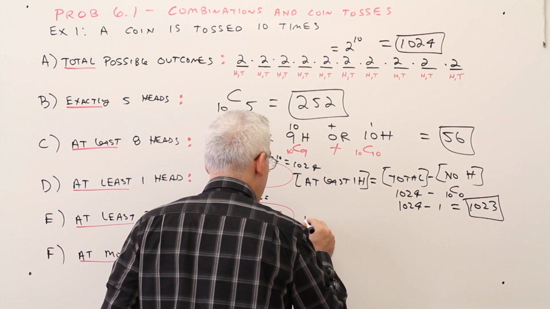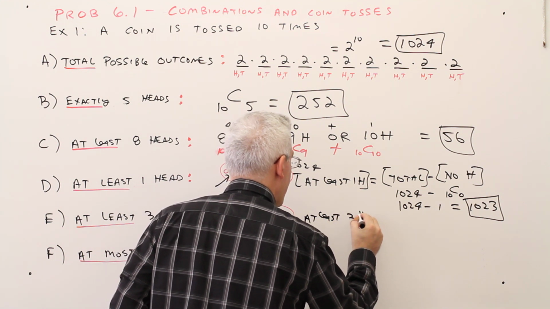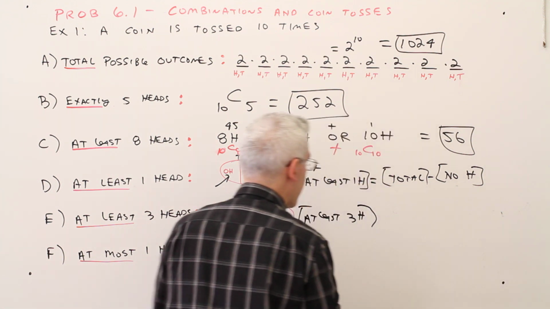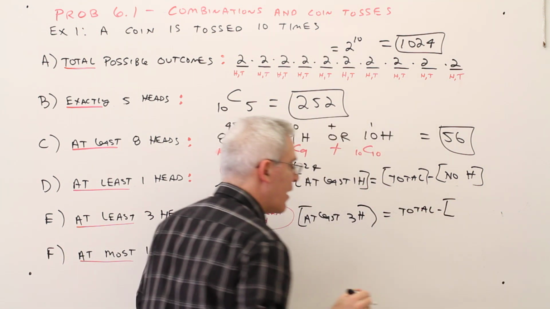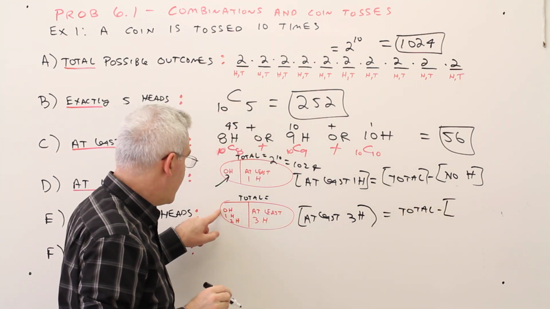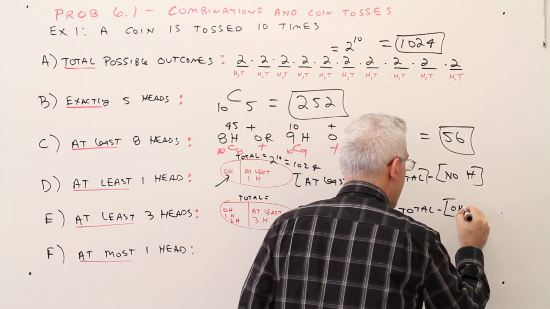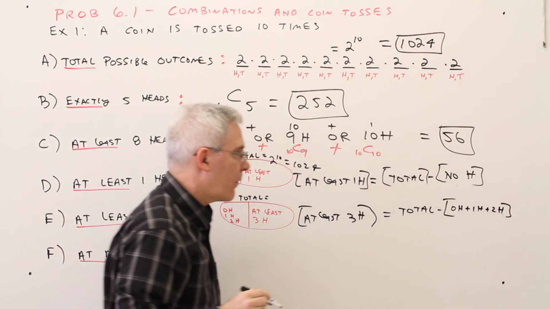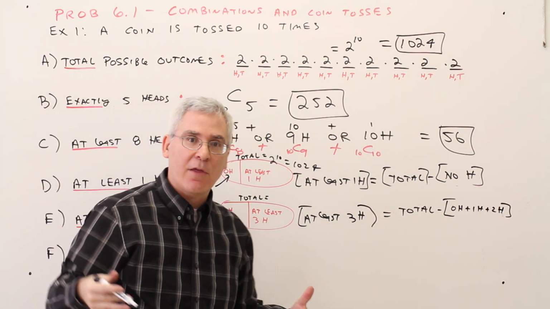So at least 3 heads, I'll erase this to give myself some more room, equals total minus, now in this case, instead of no heads, 0 heads or 1 head or 2 heads. 0 heads plus 1 head plus 2 heads. Still fewer computations doing it this way as opposed to adding them all up.